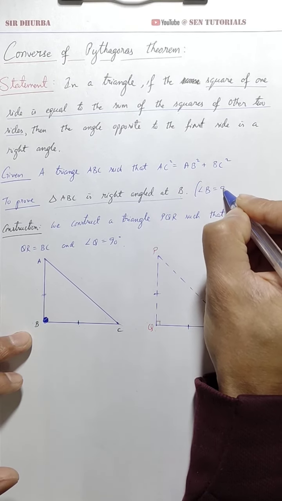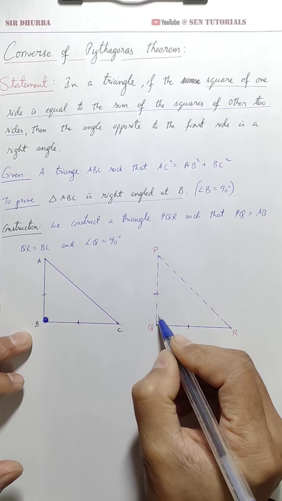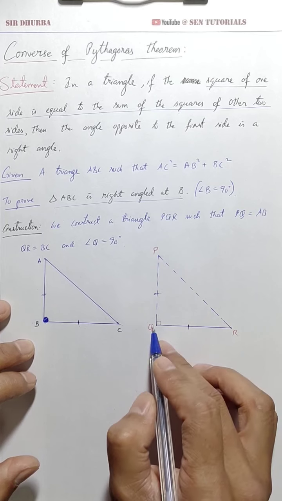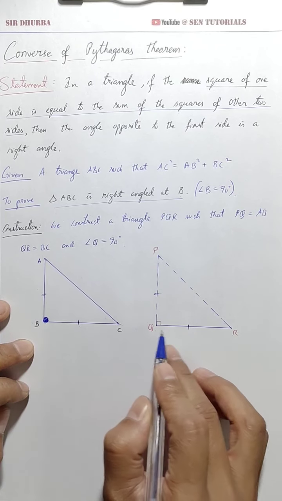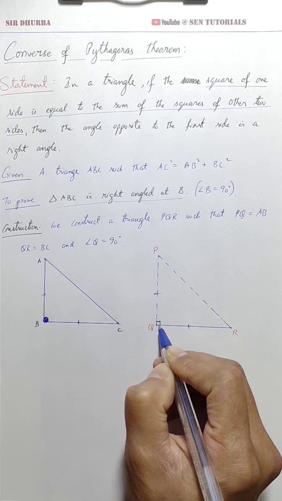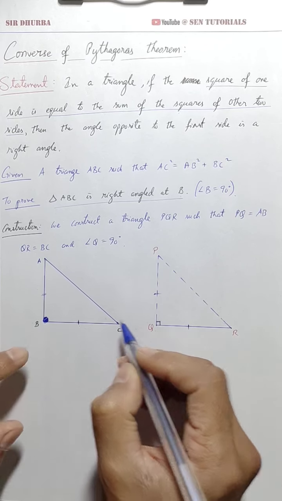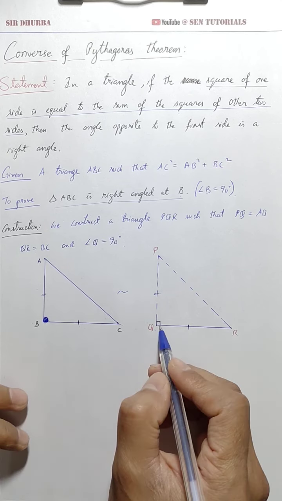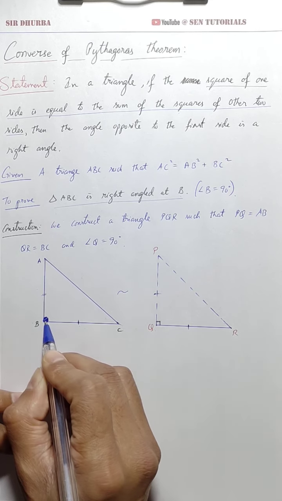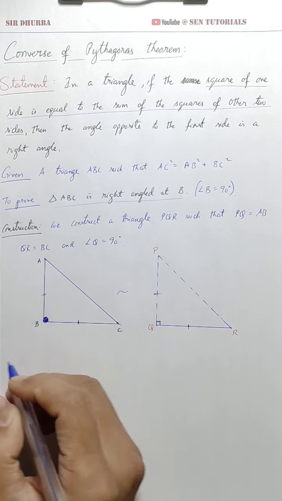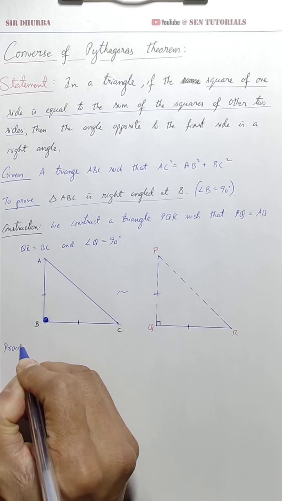So in this imaginary triangle, AB is equal to PQ, BC is equal to QR, and angle Q is equal to 90 degrees. If we can prove that these two triangles are similar, then angle Q will be equal to angle B, and in that case angle B will also be 90 degrees. That's what we are going to be doing. Let's get straight to the proof.